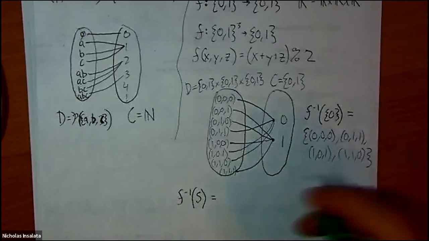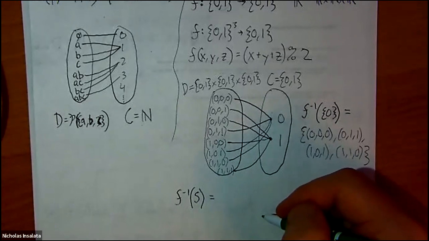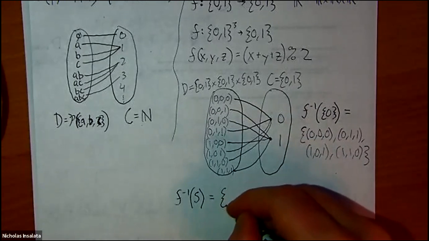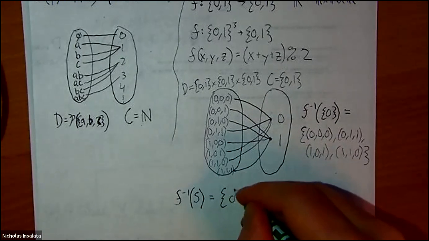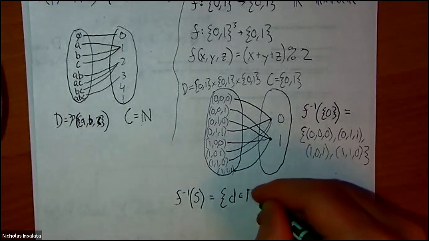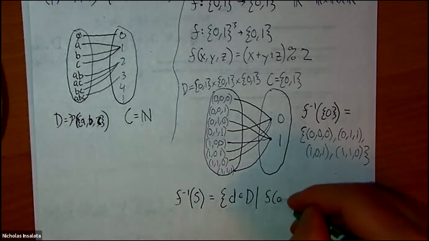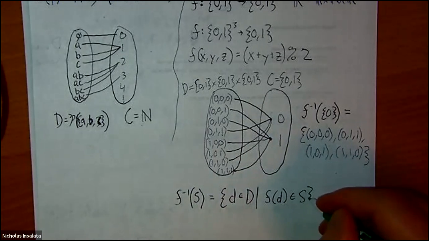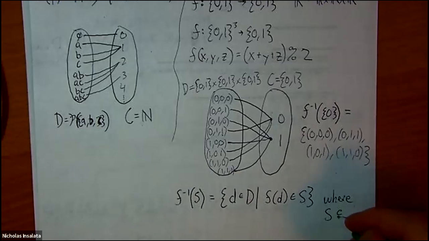I'll just use S and T. Is equal to the set of D's in my domain such that f of D is an element of S, where S is a subset of the codomain.